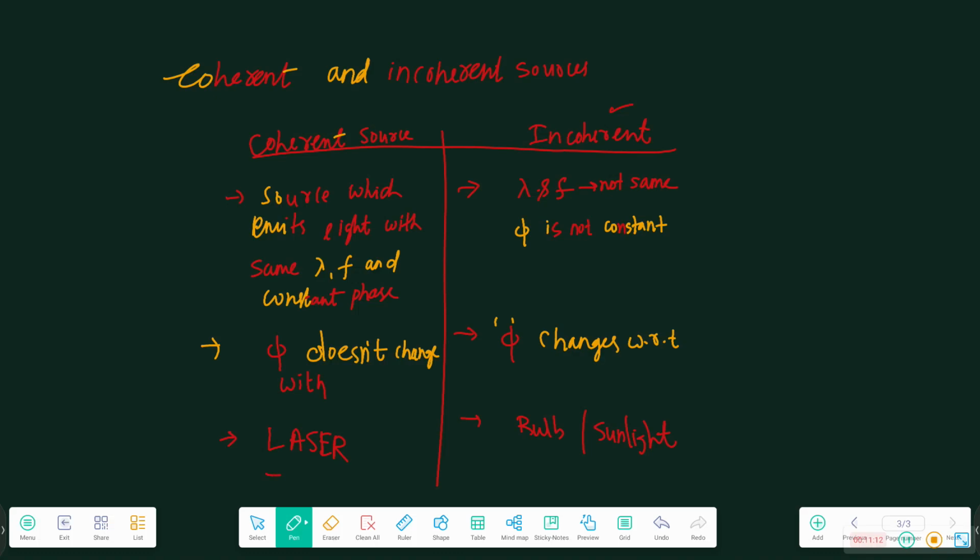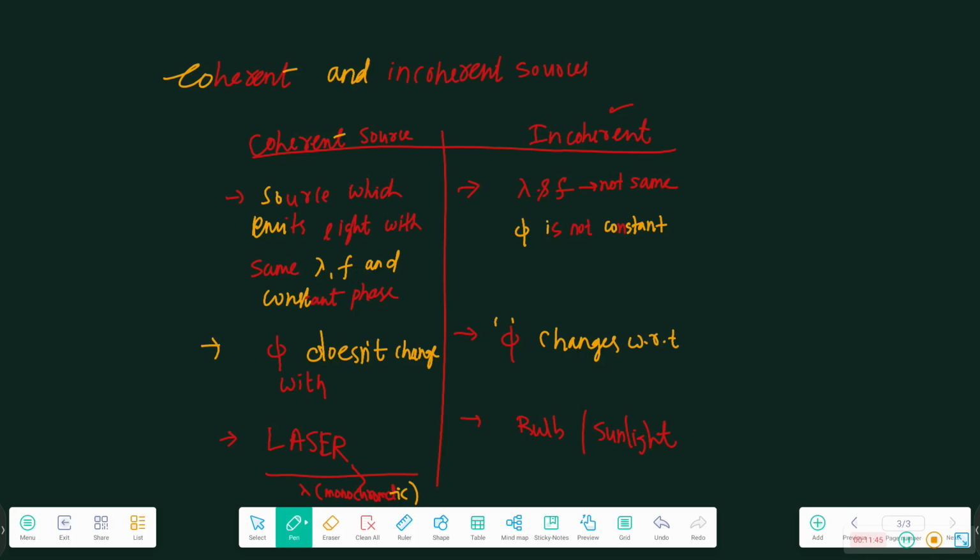Laser light, if it comes here, straight parallel light will come. Here the wavelength will be lambda, so it will be monochromatic light. Remember, mono means single, chromatic means color. Monochromatic means single color wavelength. So with laser light only a single color wavelength will come, but in white light many wavelengths are there. Bulb and sunlight are white light, unpolarized light, so they are incoherent sources.